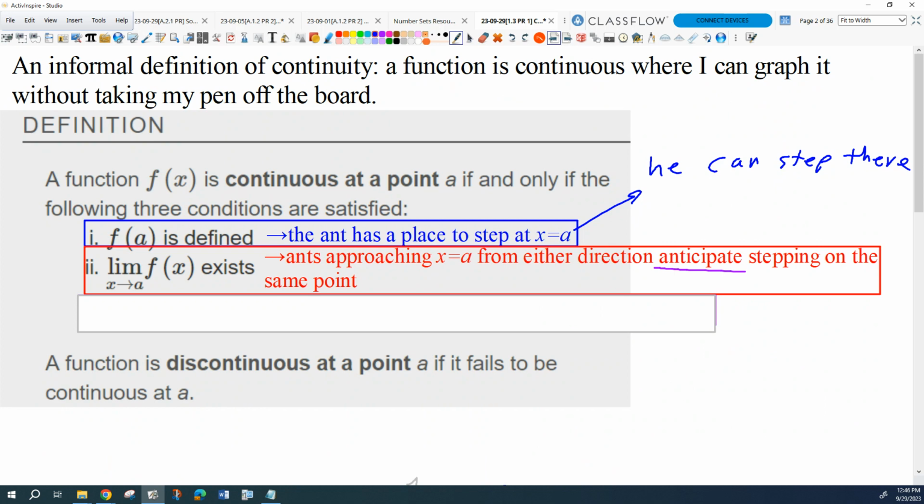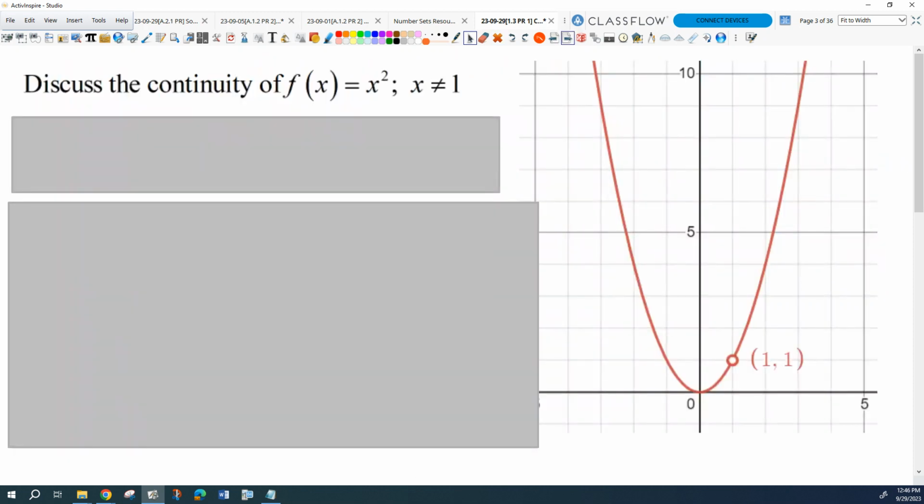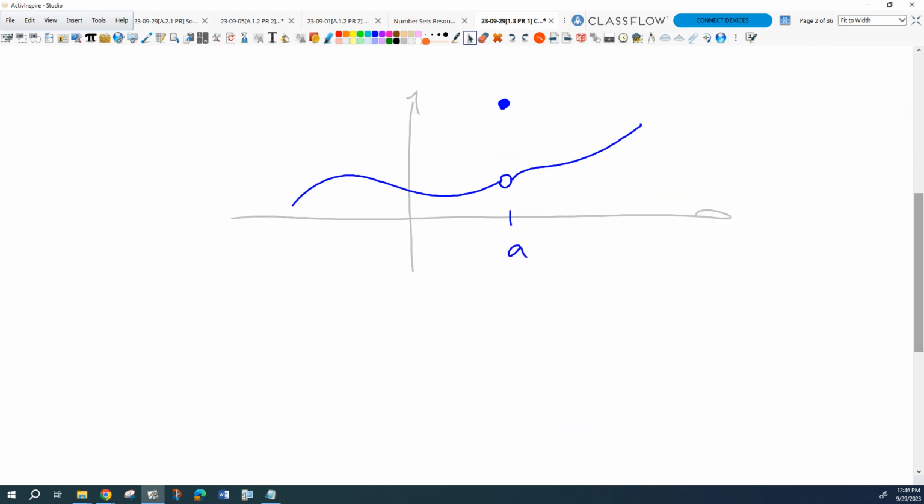Okay. How about this one? The value of the limit has to equal the value of the function. Right? Makes sense because look, in this case, where did I draw that thing? Was it down here at the bottom? Look, in this case, the limit doesn't agree with the value of the function, right? See what I'm saying?